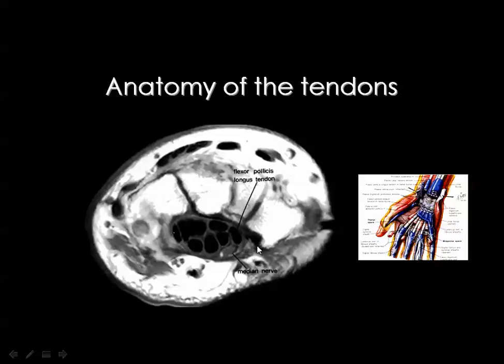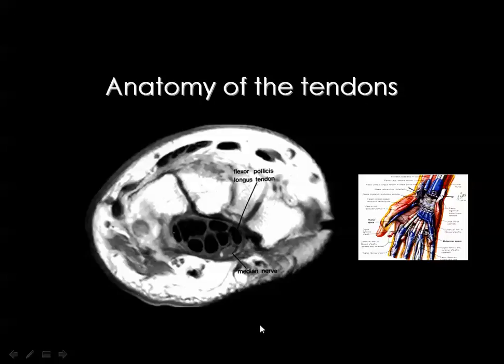And the flexor retinaculum will cover the carpal tunnel. The carpal tunnel will contain the tendons of the flexor digitorum superficialis and profundus. And it also contains the median nerve, which can be identified by its intermediate signal compared to the dark signal of the tendons.